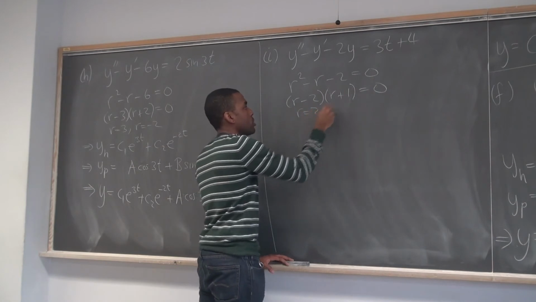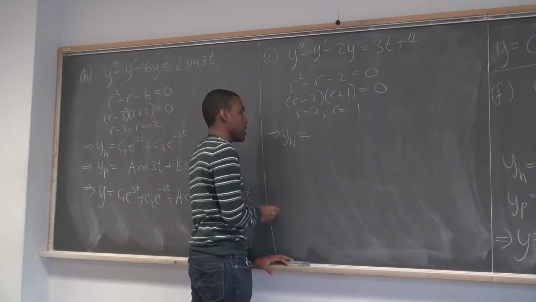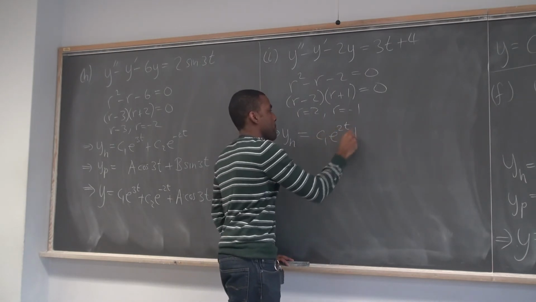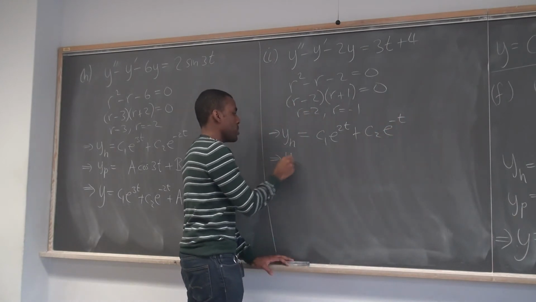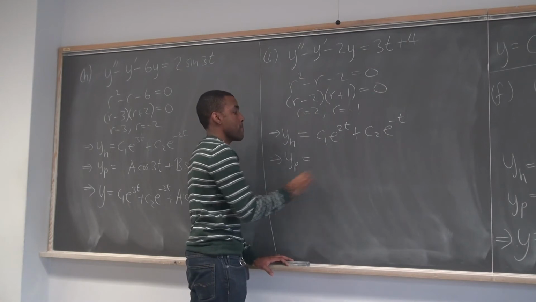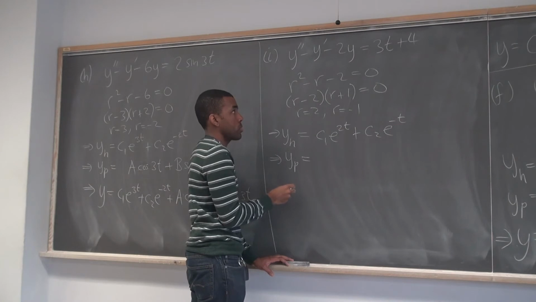So r equals 2 or r equals minus 1, which means our homogeneous solution looks like what? C1 e to the 2t plus C2 e to the negative t. Which means our yp would look like what? A t squared plus B t plus... No, I'm sorry. Oops.